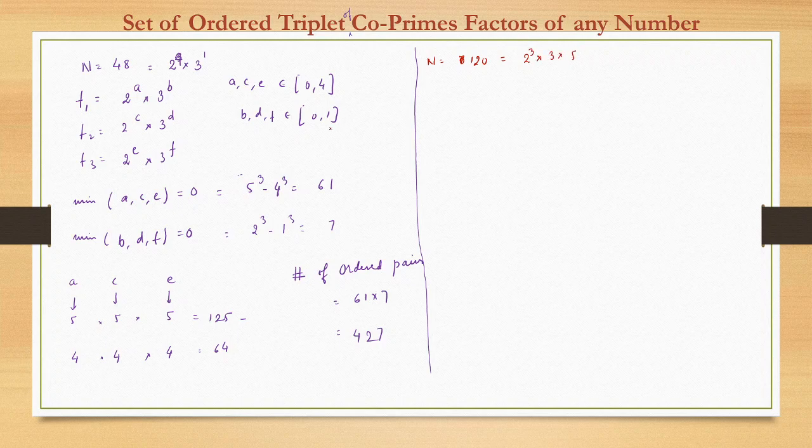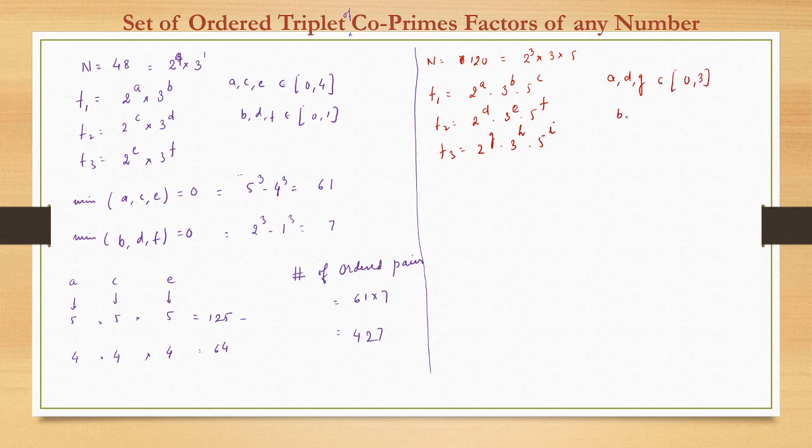So f1 can take the value of 2 raised to power a into 3 raised to power b into 5 raised to power c. f2 can take 2 raised to power d into 3 raised to power e into 5 raised to power f. f3 can take 2 raised to power g, 3 raised to power h and 5 raised to power i, where a, d and g can take values from 0 to 3, right?